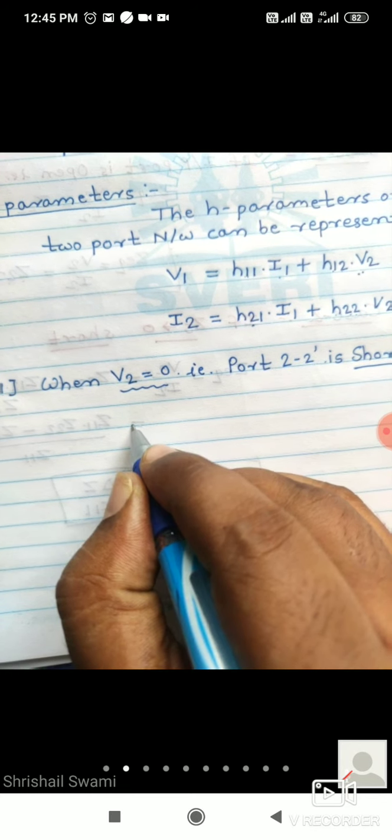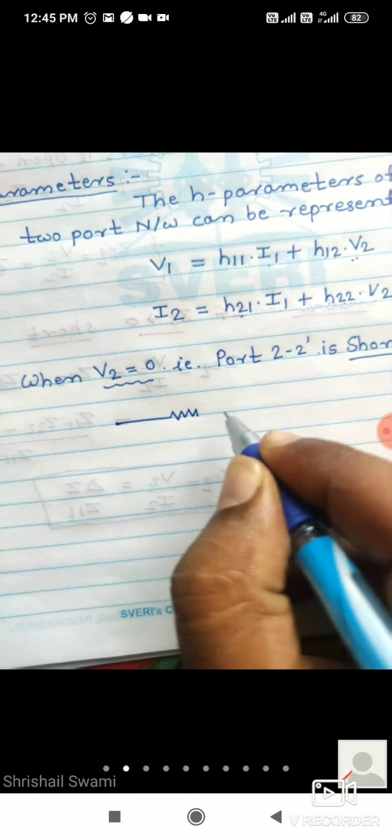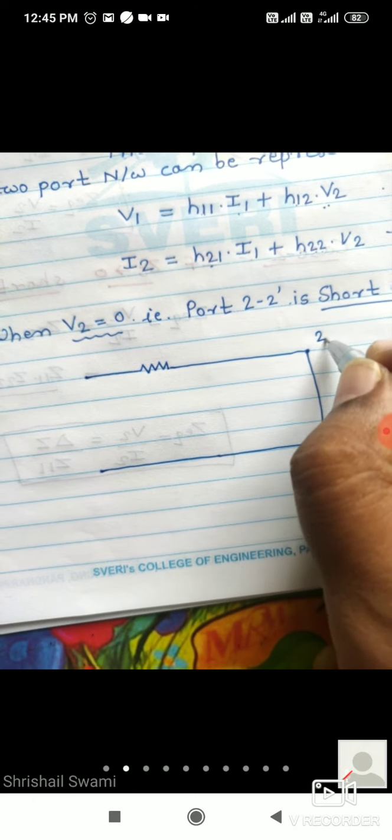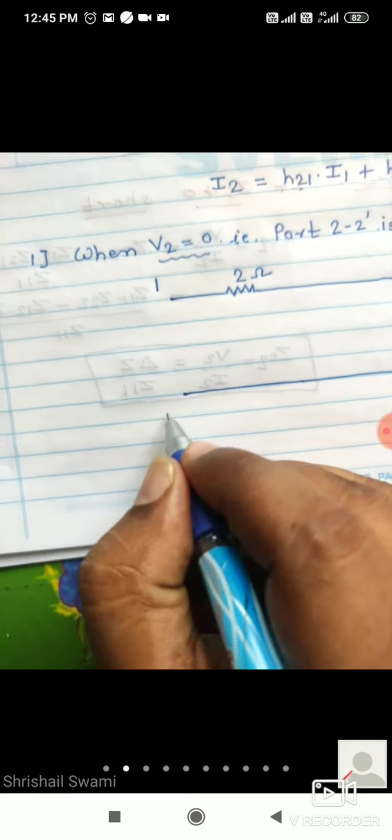So I will draw the circuit according to new condition, that is V2 equal to 0 नुसार मी काय करणार आहे? ड्रॉ करणार आहे. So this will be 2 dash, this will be 2 ohm, this will be 1 dash.